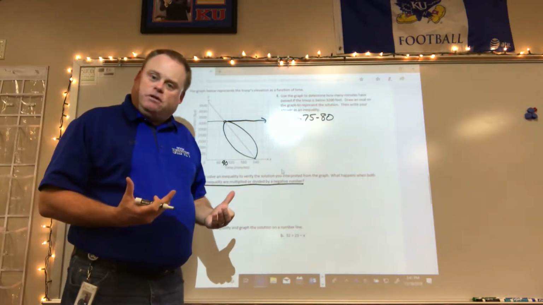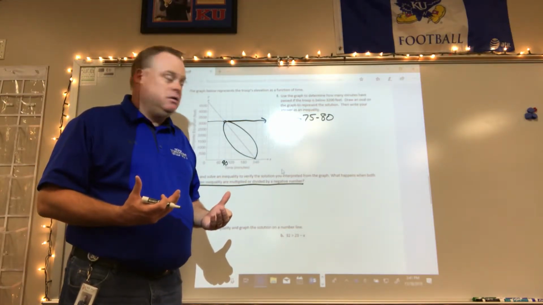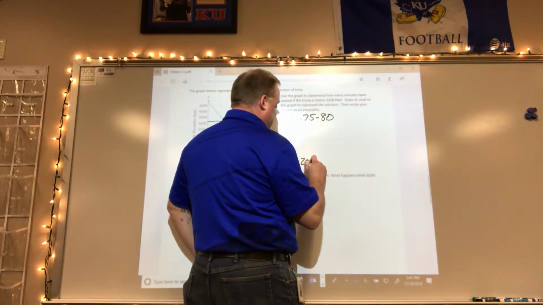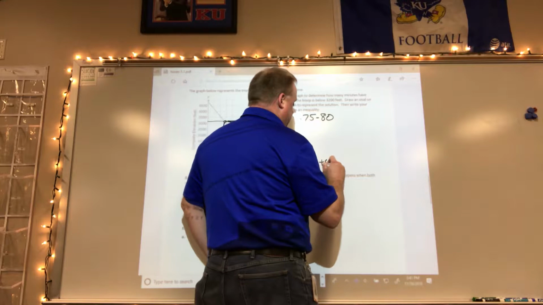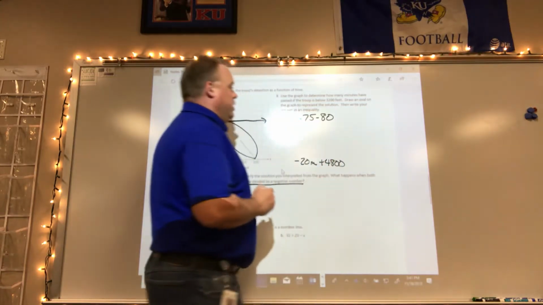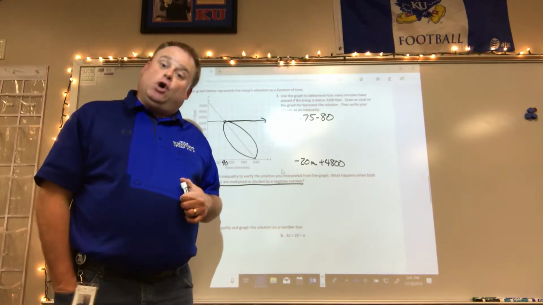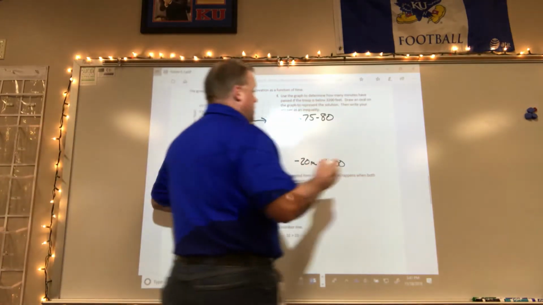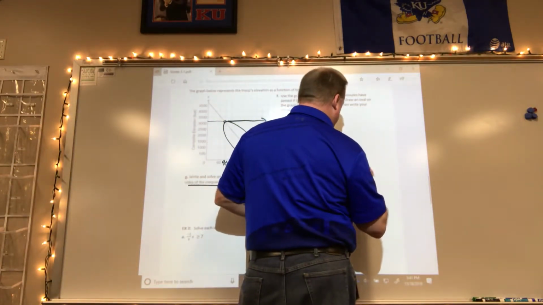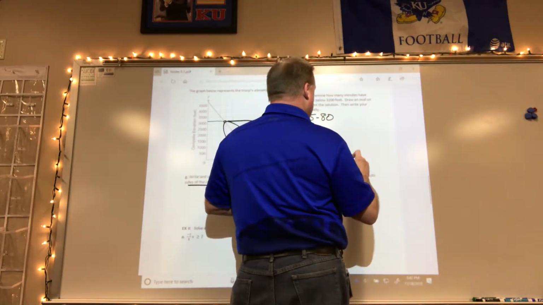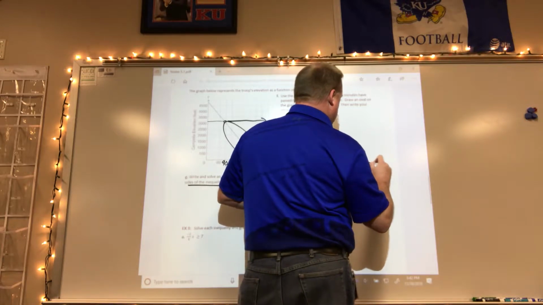Do I have a function already? Well, yeah. I have this negative 20m plus 4,800. And what do I want to be less than or below? I want to be below 3,200 feet. So I'm going to be greater than, right? Sorry, less than 3,200 feet.